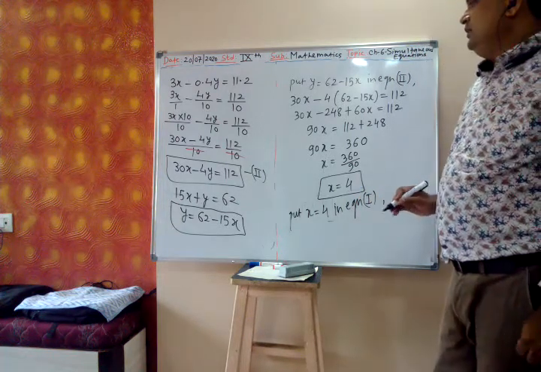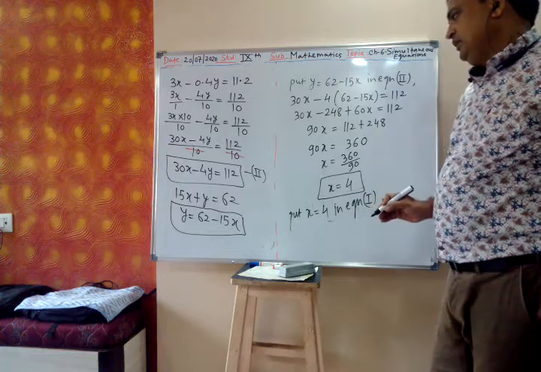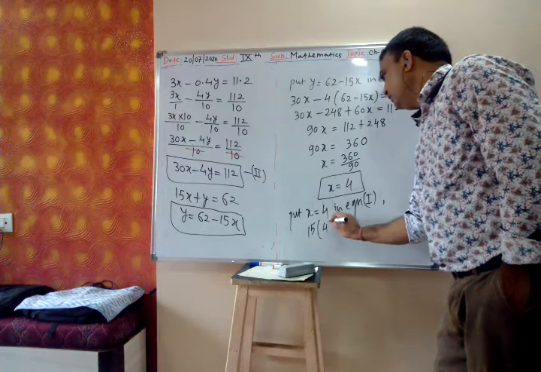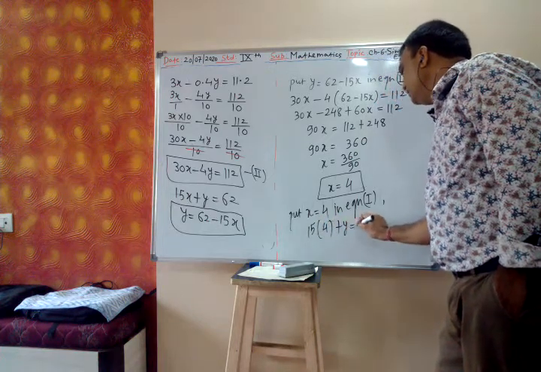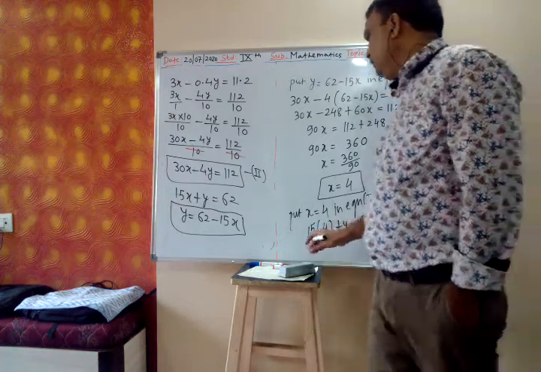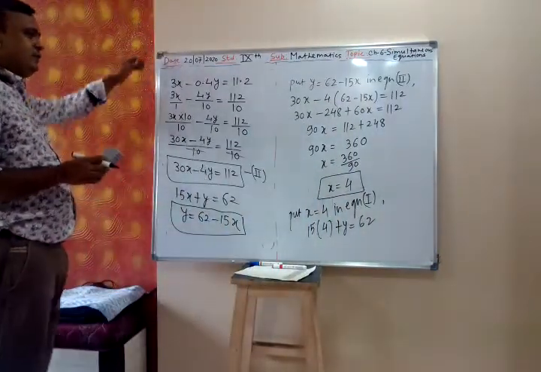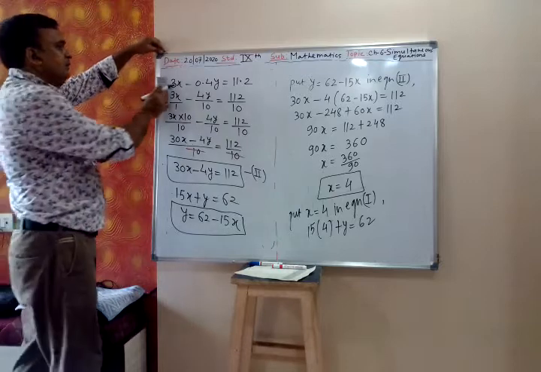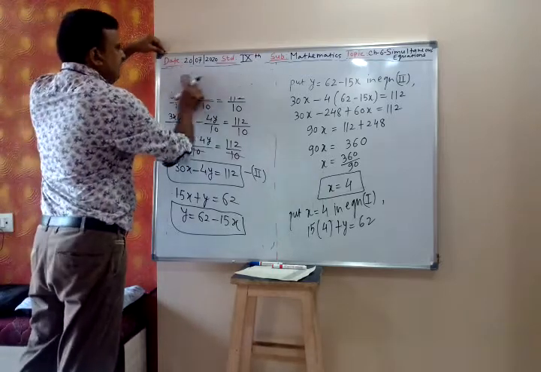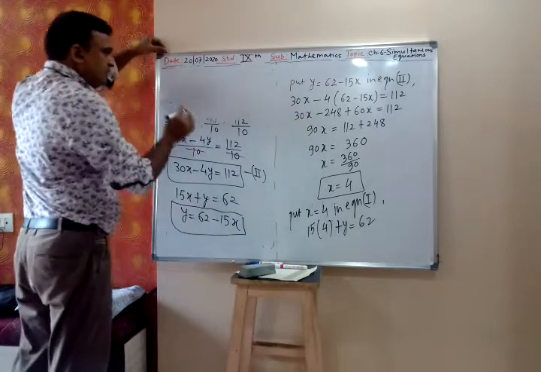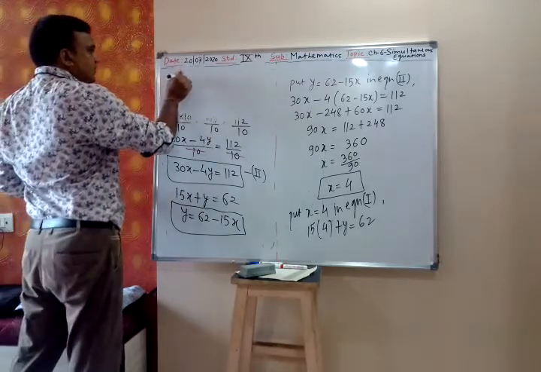So equation 1, we get 15 into 4, x is 4, plus y is 62. So 15 into 4 is 60. 60 plus y is 62.